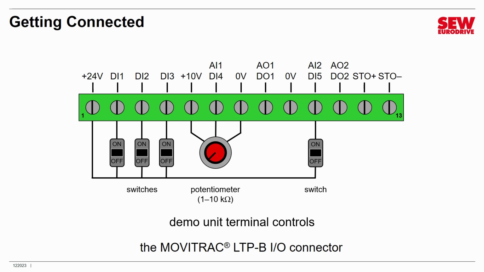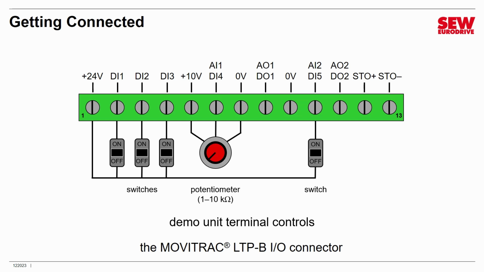It will be a digital input. And analog input 1 should be connected to a potentiometer. Notice the potentiometer is connected across the 10-volt power supply with the wiper going to the analog input. The potentiometer should have a resistance between 1 and 10K. If you set up your demo unit in this way, you'll be able to do all the activities that we're going to be doing in this class.